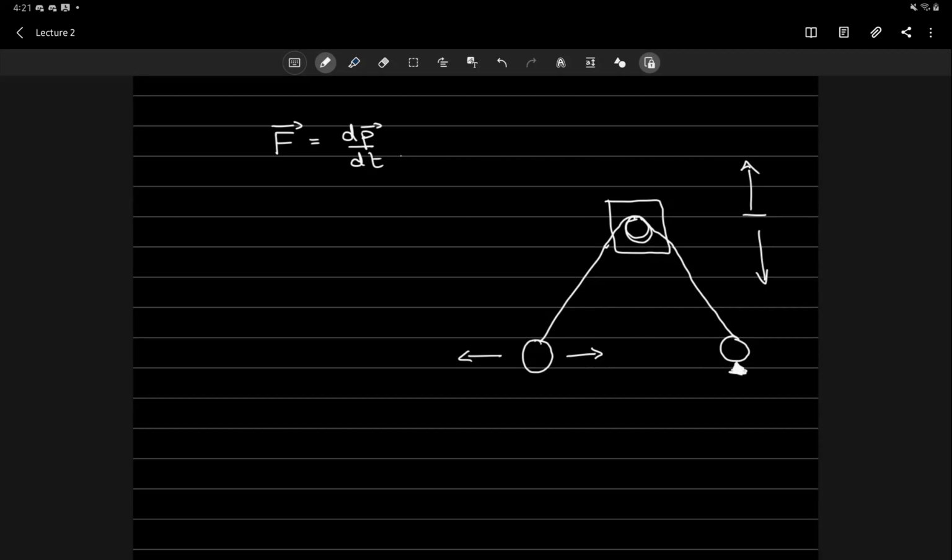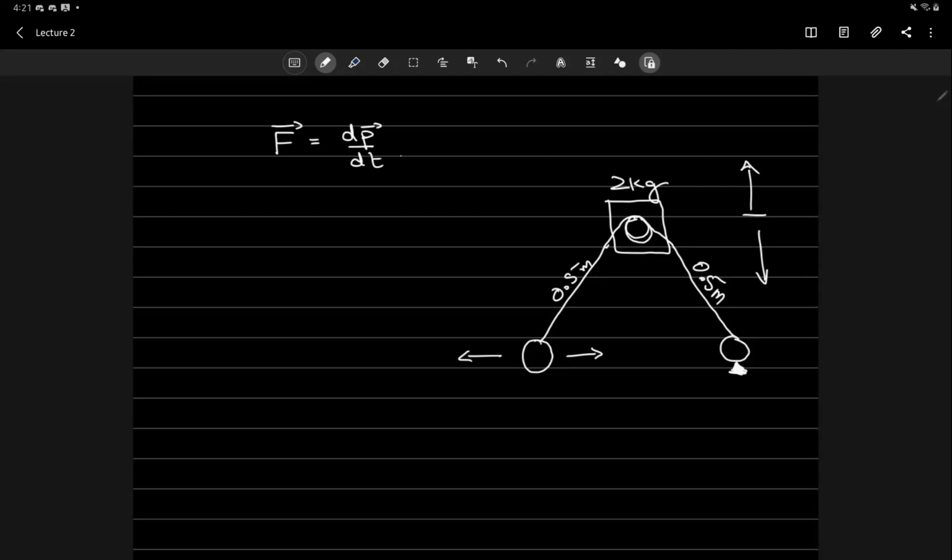So now let's say that the mass of this object attached on top is 2 kilograms, and the rods, each of them is 0.5 meters long, right?